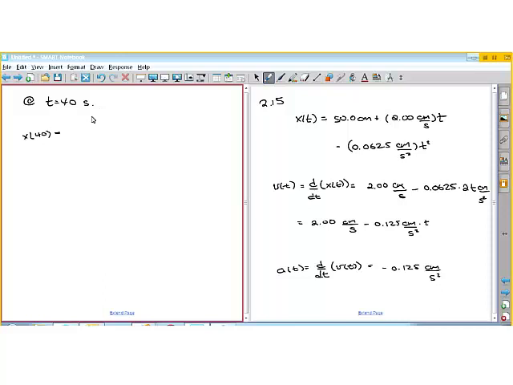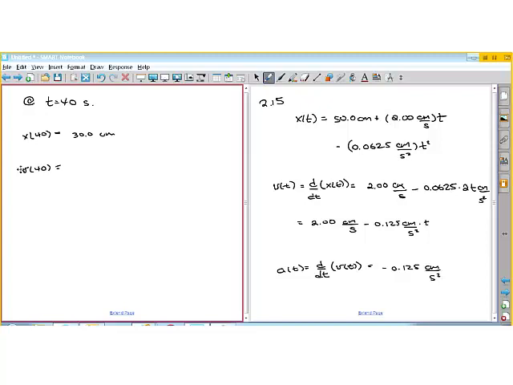I'm just going to do it and give you the answer and you can check it. I'm going to take 50 plus 2 times 40 minus 0.0625 times 40 squared, and I get 30. So x equals 30 centimeters.